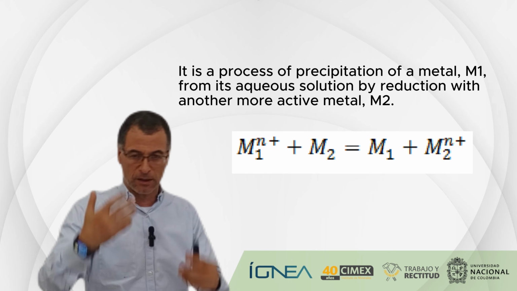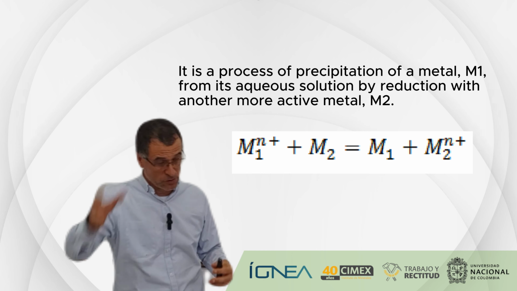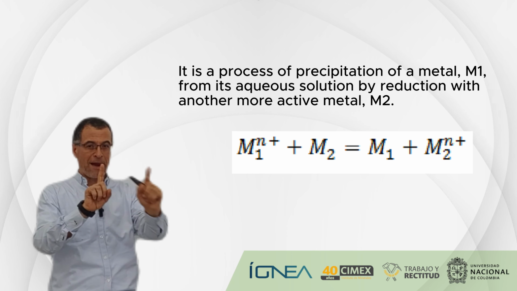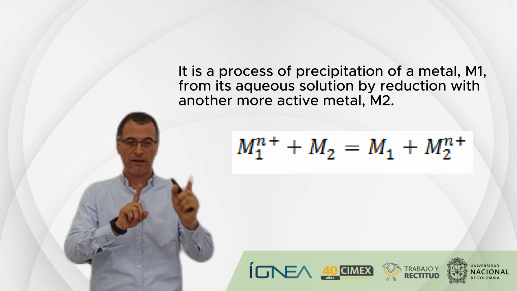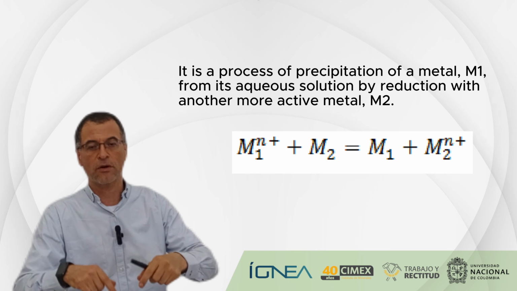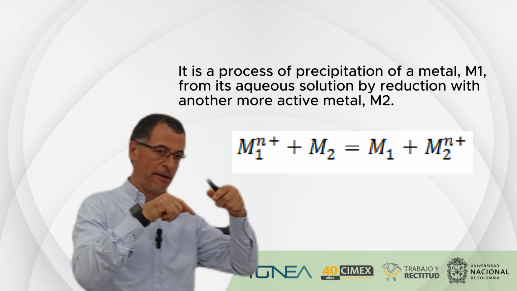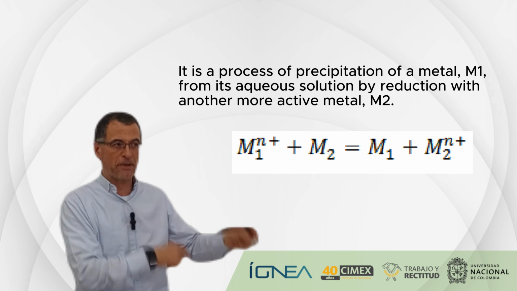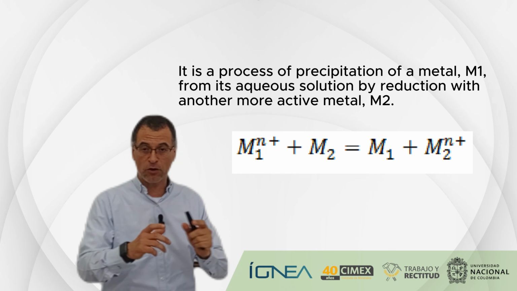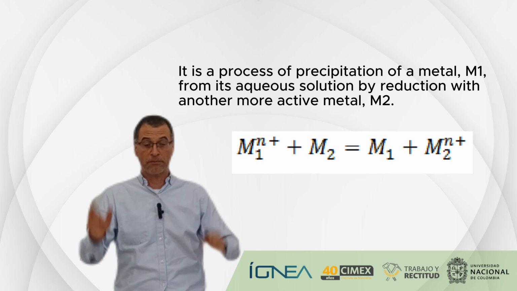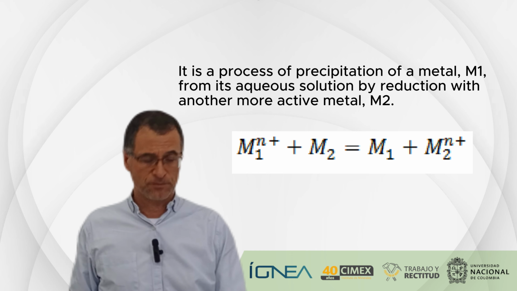When you put metal number 1 in solution in the presence of another metal, you make an interchange of electrons, and now your metal of interest is in solid condition. This is the precipitation. And metal number 2 goes to the solution. This is the cementation process, and it is very important to take into account.